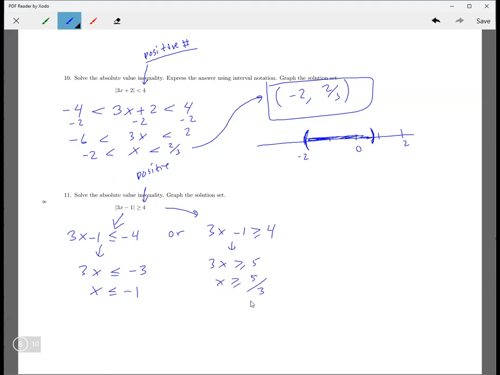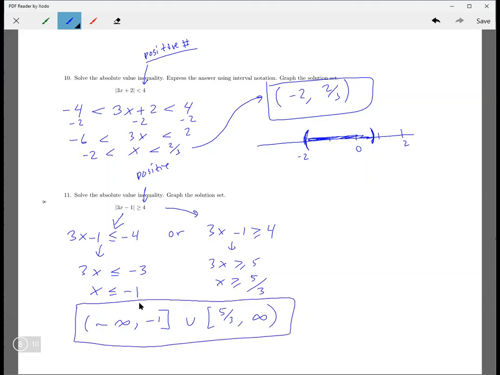And since 3 is a positive number, that doesn't flip the sign. So this one is going to be -infinity to -1, including the -1. And then this one's going to be 5/3 to infinity, including the 5/3. So that's going to be the answer to that one.